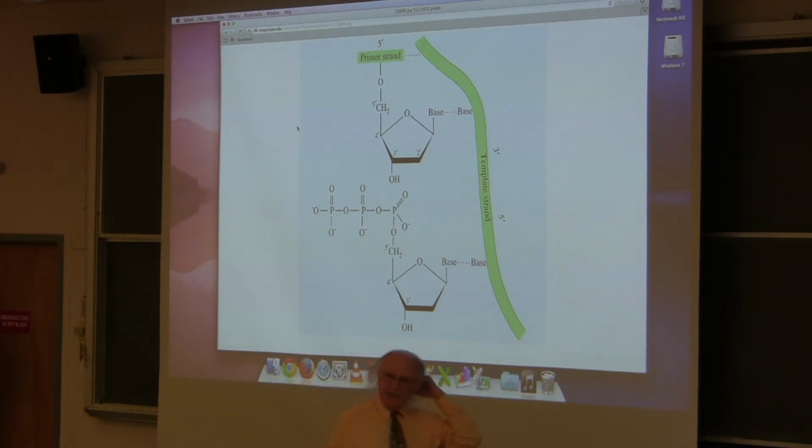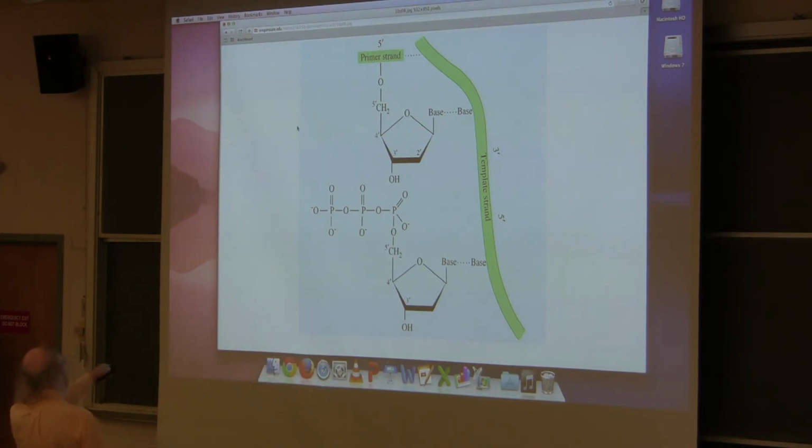And what the DNA polymerase does then is it catalyzes the breaking of this bond right here between phosphates 1 and 2, and the joining of that phosphate to this hydroxyl group on carbon number 3 above.